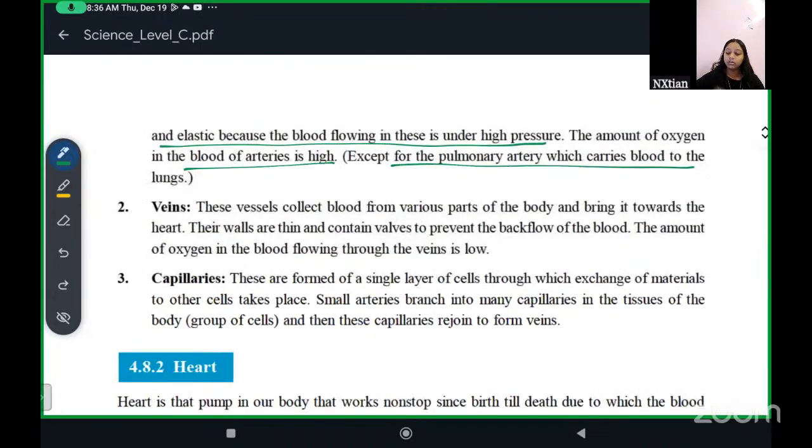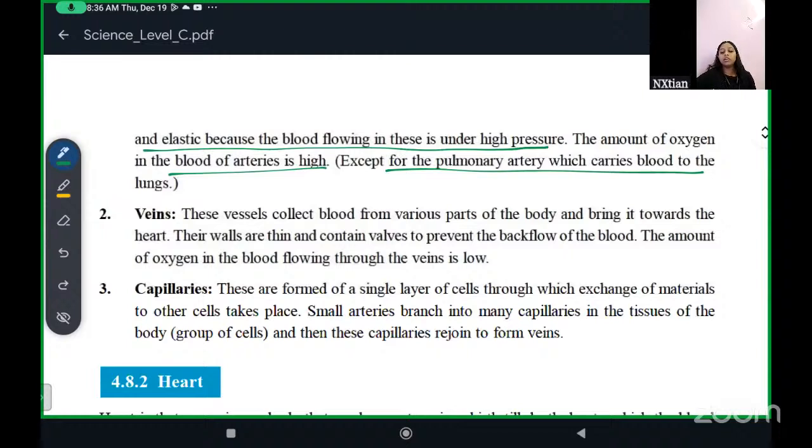Then we have the veins. These vessels collect blood from various parts of the body and bring it towards the heart, to be oxygenated and pumped back to the body. Since the pressure is less, the walls are thin, and they contain valves to prevent the backflow of blood.